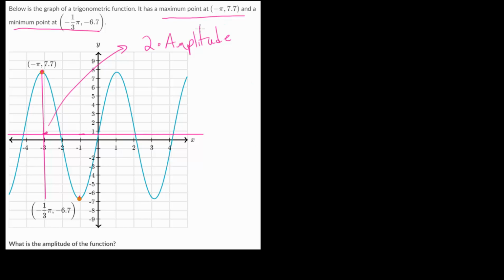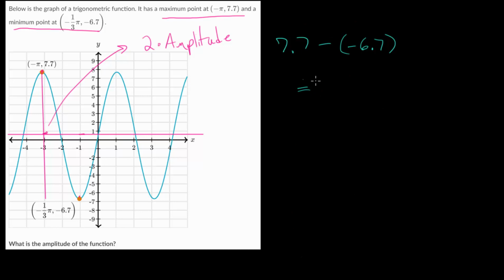So let's take the second approach since it's a little bit faster. We just find the difference in the y value of the maximum and the minimum point. We take the maximum value of 7.7, we subtract the minimum value, which is at negative 6.7. And since we're subtracting a negative, we're really just adding these values.